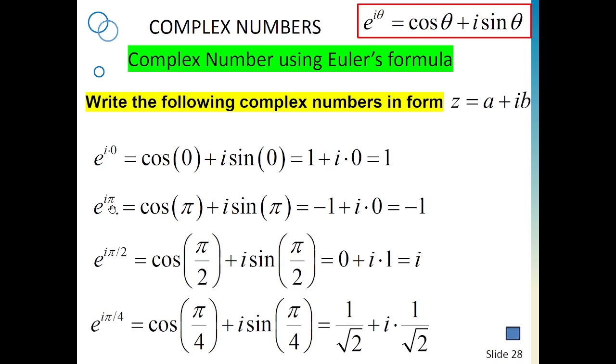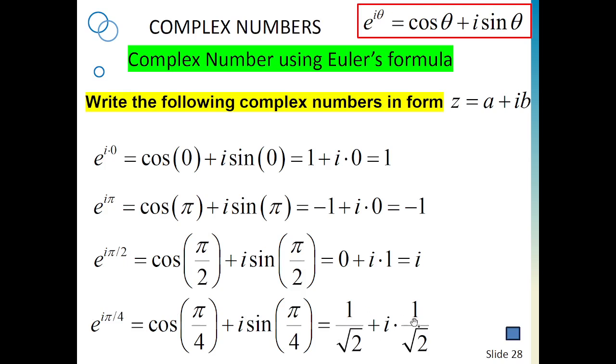Exponential i times pi: again the angle is pi here, application of Euler's formula, cosine pi plus i sine pi, and we compute. So essentially we see one notation, which is Euler form, and then we just expand it and get the standard form of the complex number, which means also we can go the other way around.